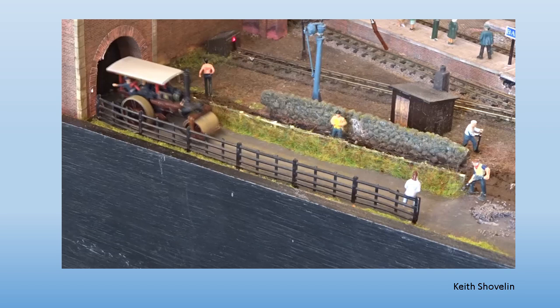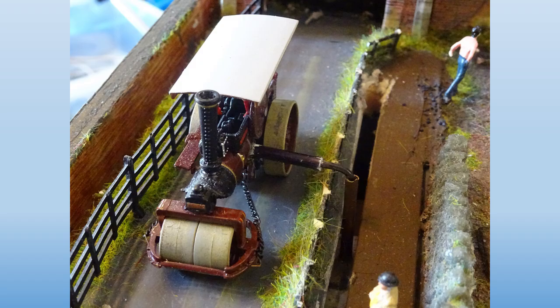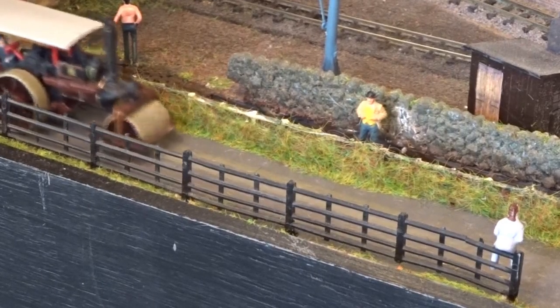One of our demonstration layouts features this road roller. It runs in front of a hedge, but if you look behind the hedge, we will see that a rod from the roller goes down a slot and then connects to the moving nut of the lead screw to provide the linear movement, as in this video.